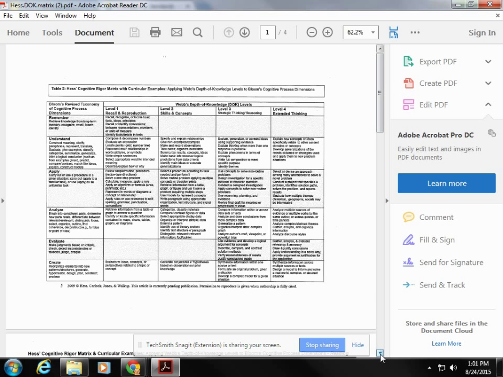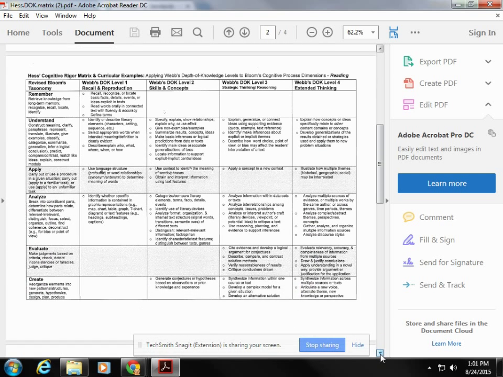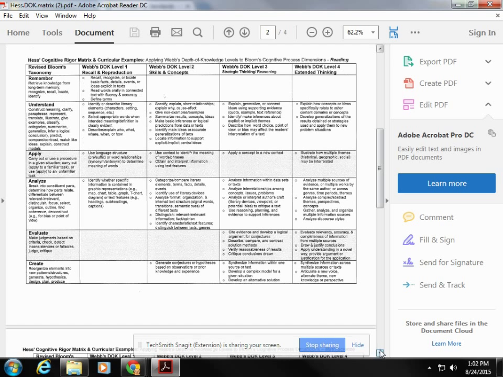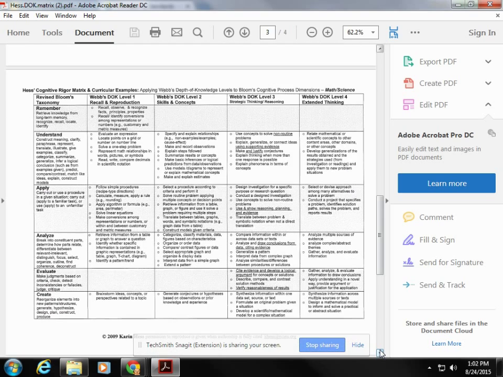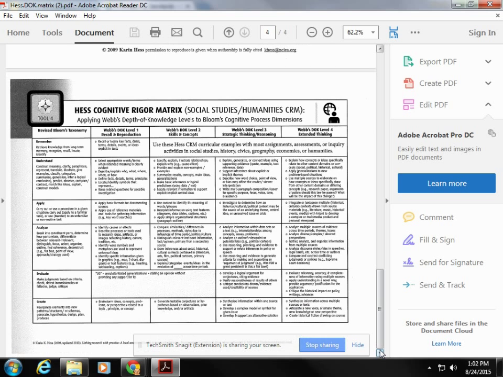But if I scroll down, the second page is reading specifically. So I can see the matrix of Bloom's and Webb's DOK converging on this matrix for reading specifically. And then we have math and science. And the last one is social studies.